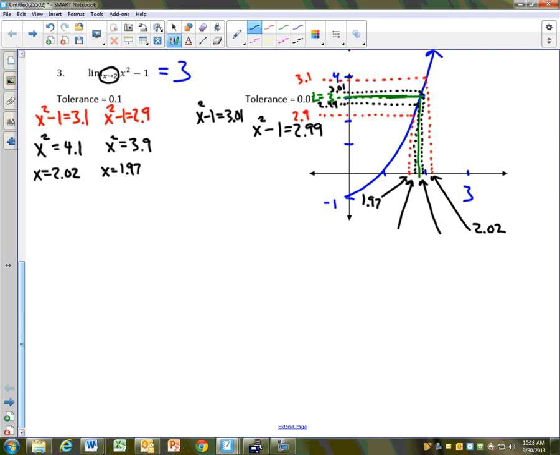So if you look at how far each of these are from the value 2, 0.02 or 0.03, that's how far you are from that value. So if you look right here, this is 1.97, this is 2.02, you're within 0.02 or 0.03 of your x value. So that's that value that you have to get to.